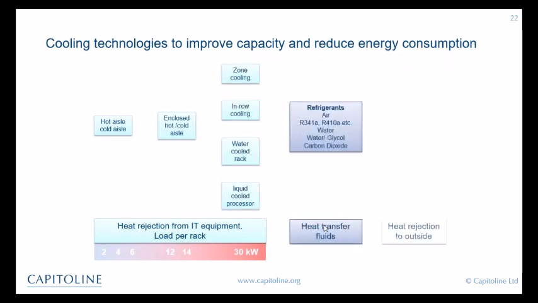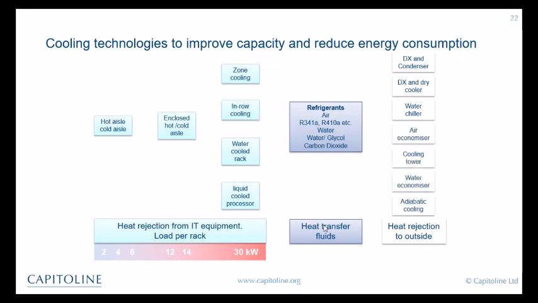Different types of cooling technology are more appropriate for different densities of IT equipment. And by that we mean the amount of power, and therefore heat, that you're generating in each rack is relevant to the type of cooling system that you use. You'll see on the left-hand side here, we're talking about getting the heat out of the IT equipment.